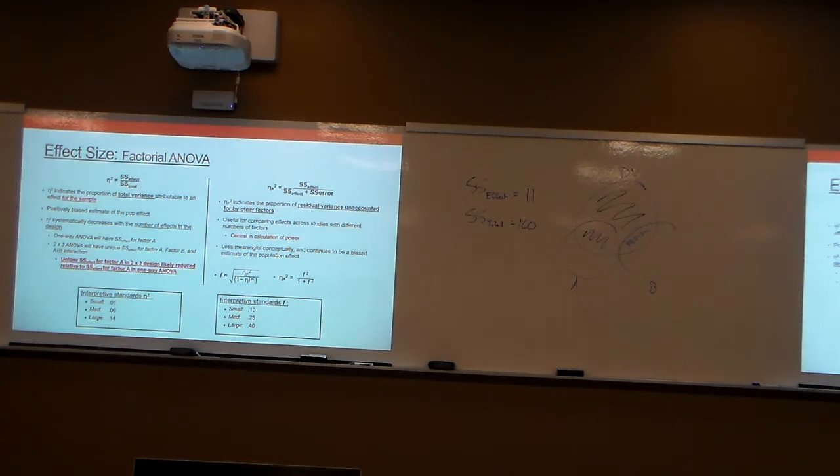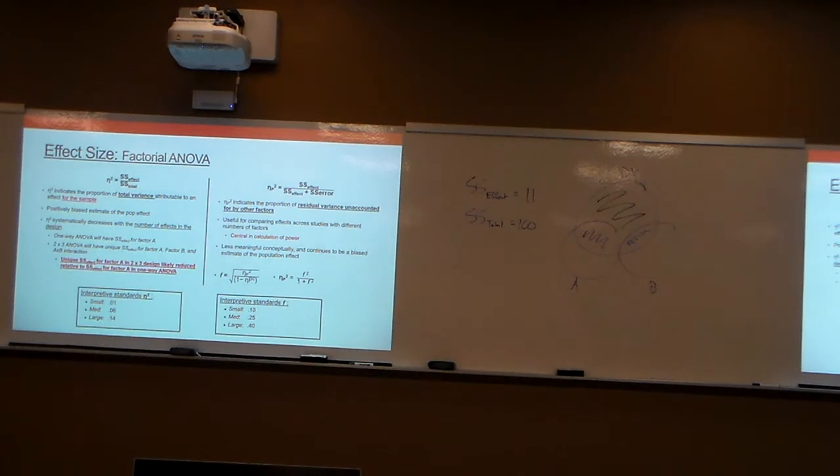Residual variability in my outcome is hard for me to think about because total variability, I can think about that. Residual variability kind of depends on what else is in there. So it's a harder thing to wrap my head around conceptually.